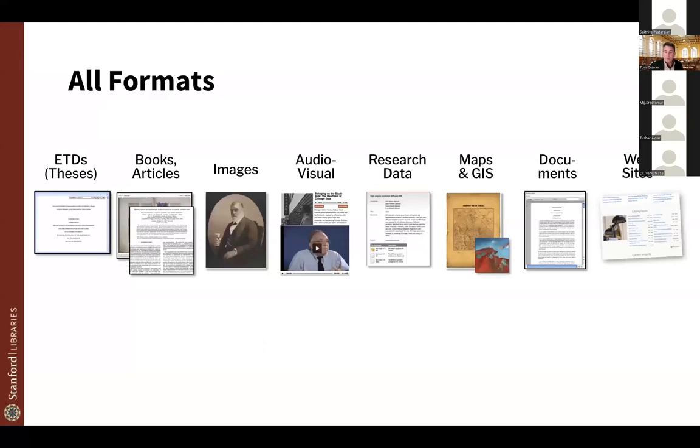So to go into a little bit more detail, libraries are, of course, not just about books or not just about journals. Within a modern research library, it's really critical to support all formats that your scholars, that your researchers may be working with. That can include electronic theses and dissertations, books, articles, images, audio-visual materials, both sound files as well as moving image.